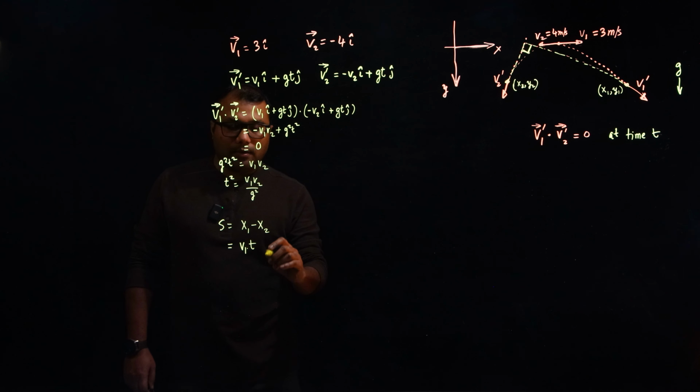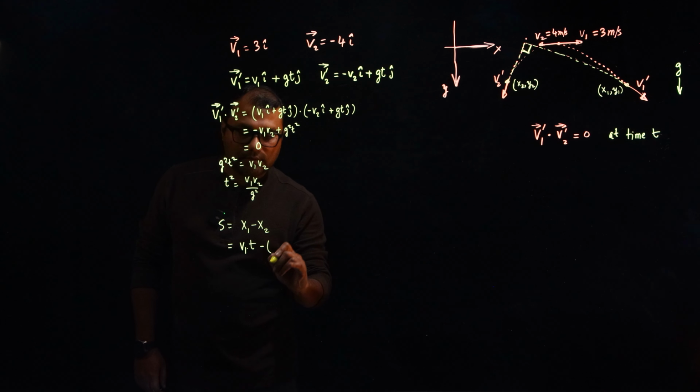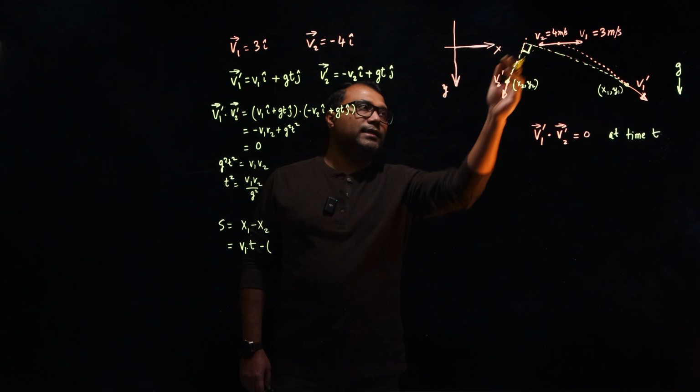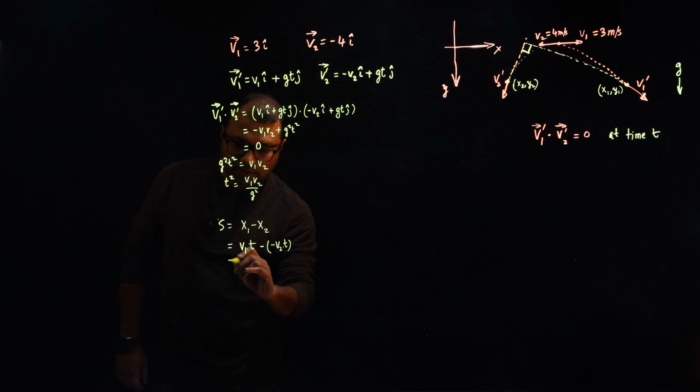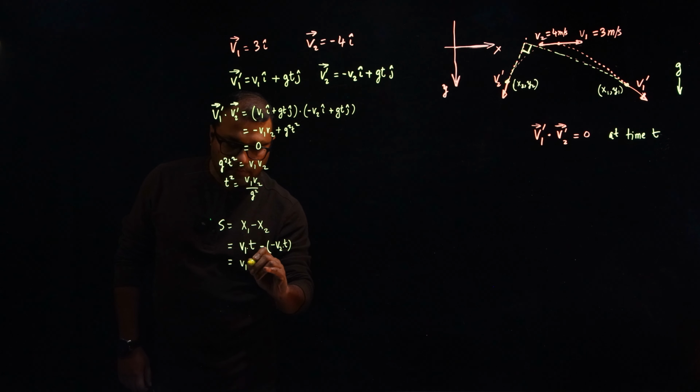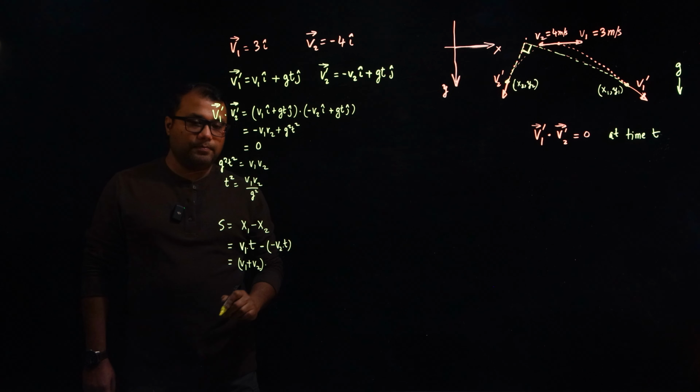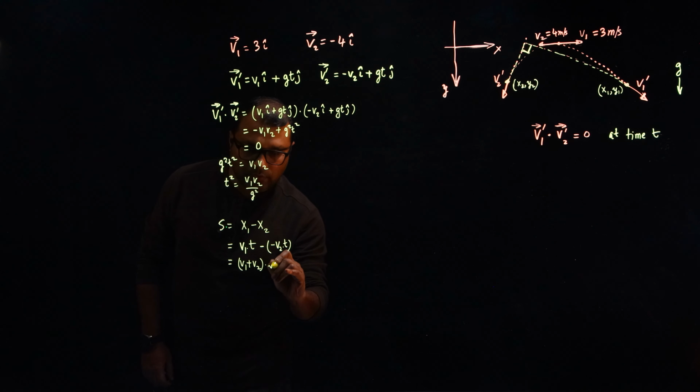And x2 is minus v2 times t. So this becomes v1 plus v2 times t.